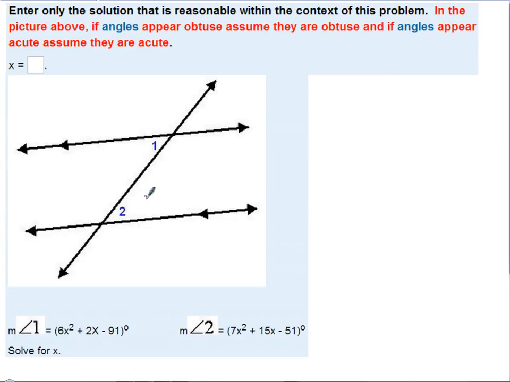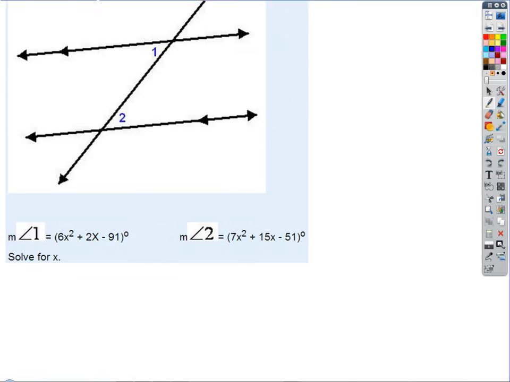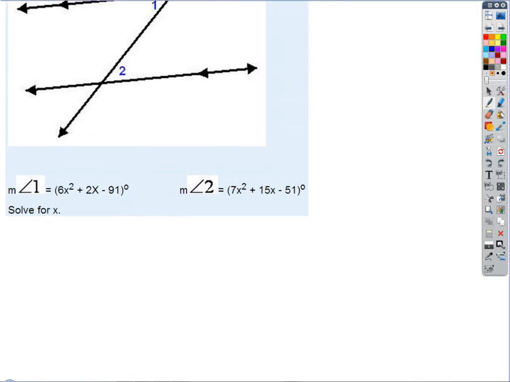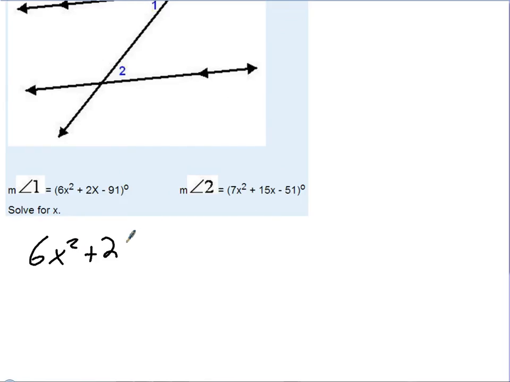We know that because if parallel lines are cut by a transversal, then alternate interior angles are always congruent. So we can set up an equation. Angle 1 equals angle 2. So we get 6x squared plus 2x minus 91 equals 7x squared plus 15x minus 51.